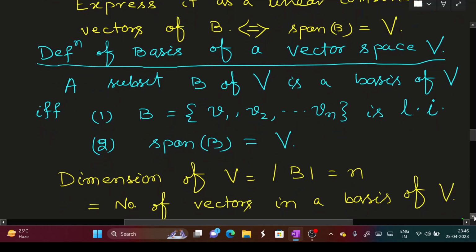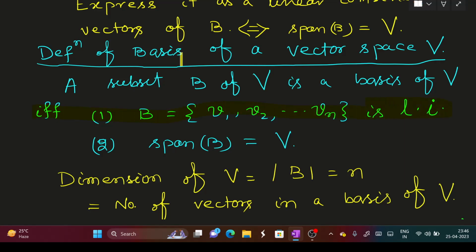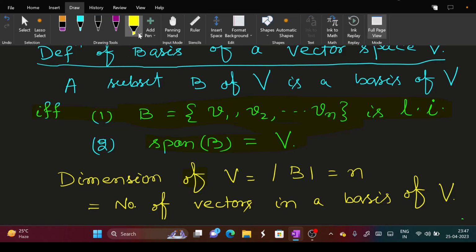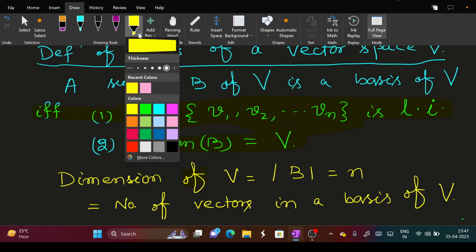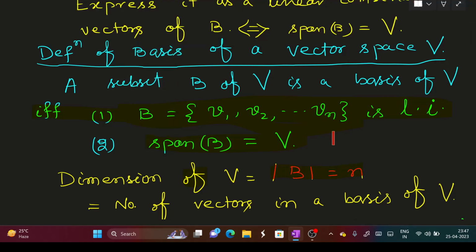A subset B of V is a basis of V if and only if this set B is linearly independent, and span of B is equal to V. Here, the dimension of vector space V can be considered as the number of vectors of B. The number of vectors that are present in B is nothing but the dimension of V. This is the dimension of V.